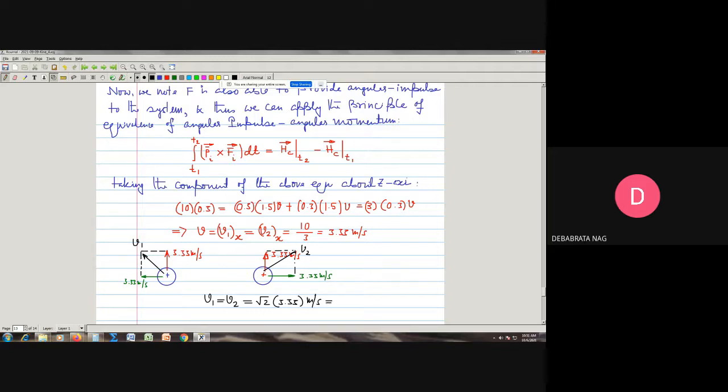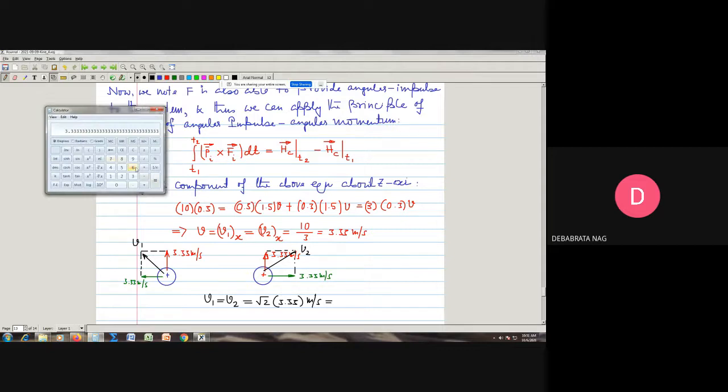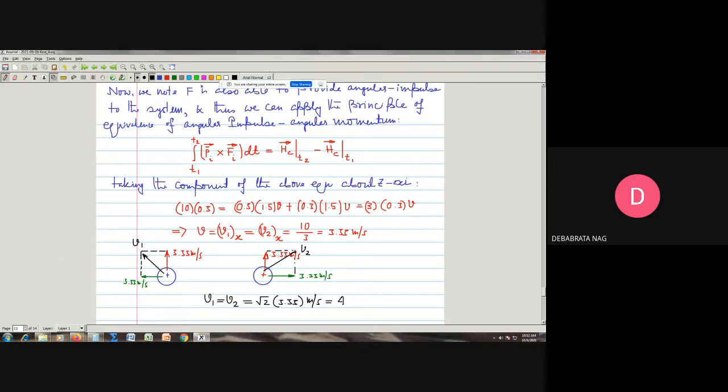So ultimately it is going to be multiplied by square root of 2, so square root 2 into 3.33 turns out to be 4.71 meter per second. So that will be our answer for this problem.